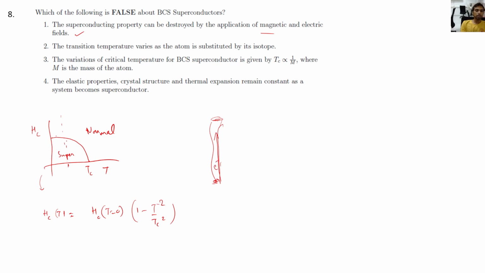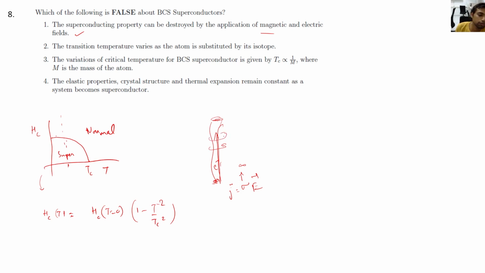Then the current, too much electron current will be there, because J is equal to sigma E. As the electric field increases, the current will increase. But if the current increases beyond a certain value, then because of this current there is a magnetic field just near it.